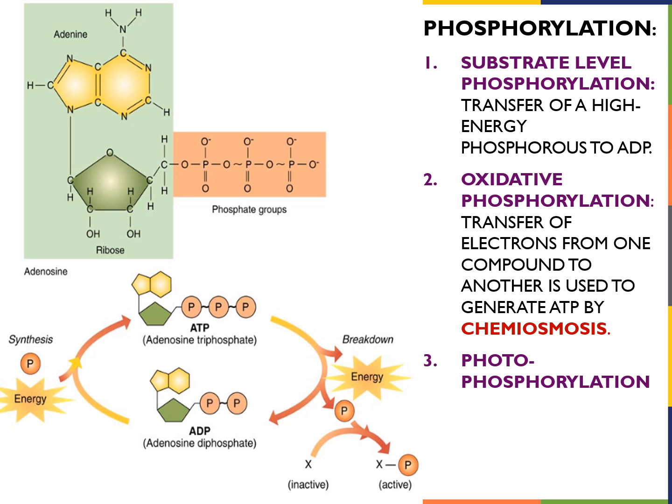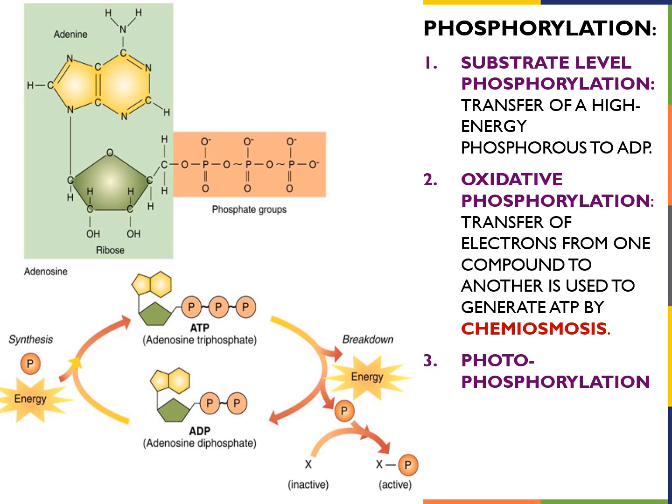The third type of phosphorylation is known as photophosphorylation. You see, I don't give you any information about it because this only occurs during photosynthesis, and I don't really cover photosynthesis in this class. So for the exam, make sure you know that there are three types of phosphorylation, but you only have to know details really about the first two types of phosphorylation.